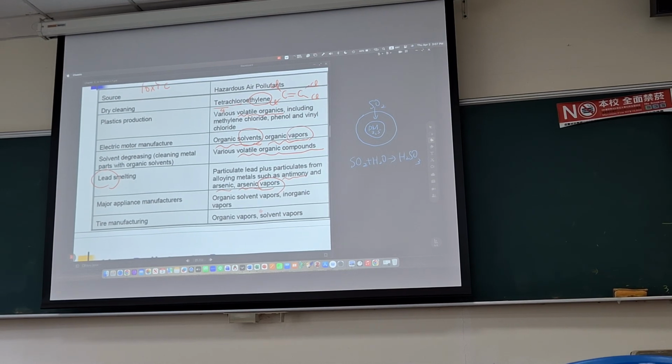And major appliance manufacturers will generate organic solvent vapors and some inorganic vapors as well. Other manufacturers will generate organic matter and solvent vapors.